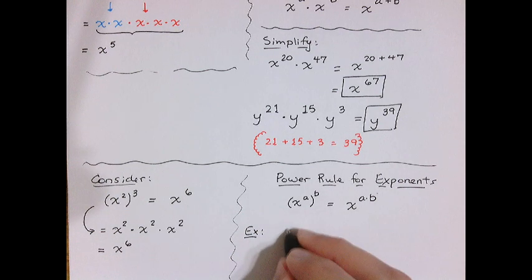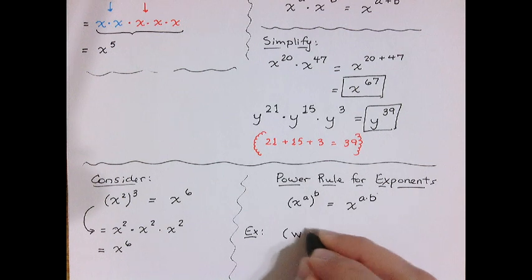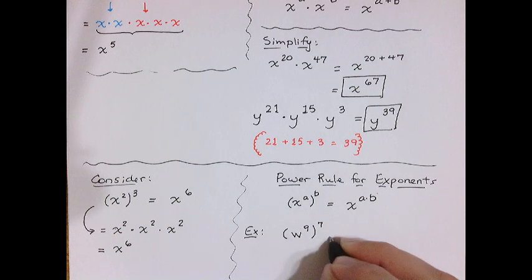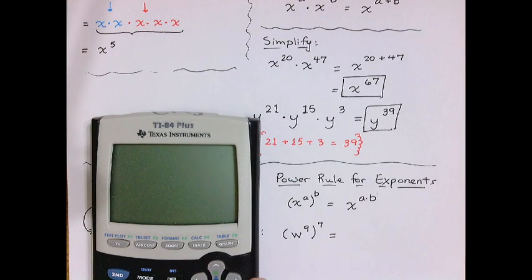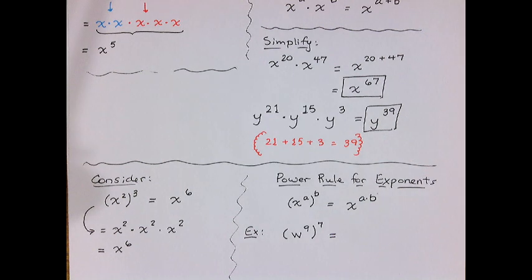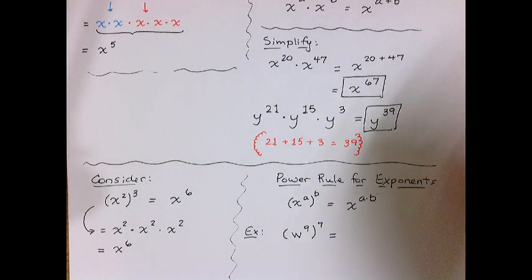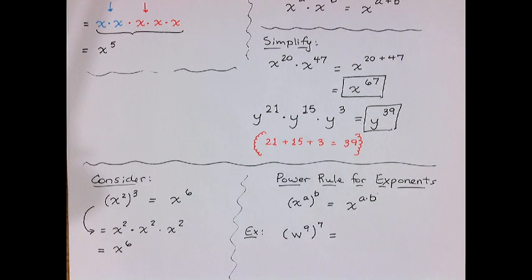So for example, if I have w to the 9th raised to the 7th. Maybe we should go ahead and reach for the calculator, right? Forget it. We don't need a calculator for this. Right? We're smart. We know our multiplication facts. The thing we want to make sure we understand about this is that you have 9 factors of w.